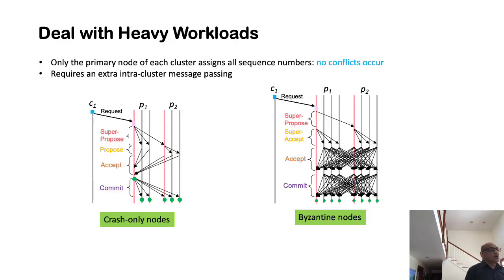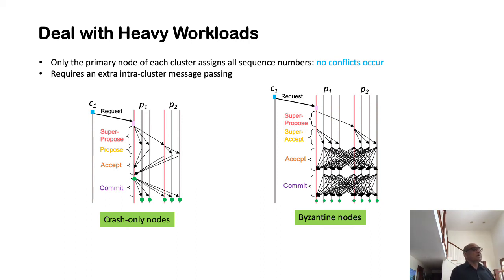One of the solutions proposed in Sharper is that if you are in a high contention environment, you are going to routinely get into the conflicting situation that I described in the previous slide.